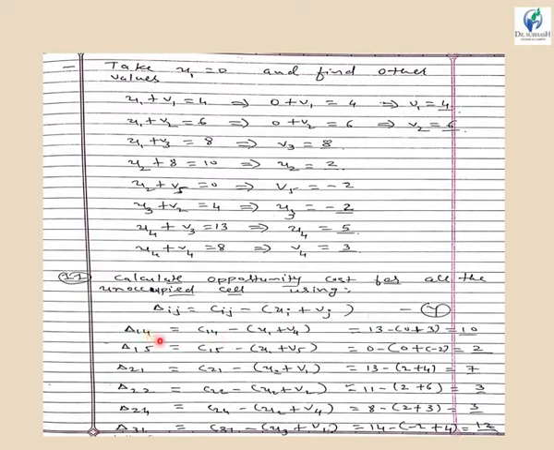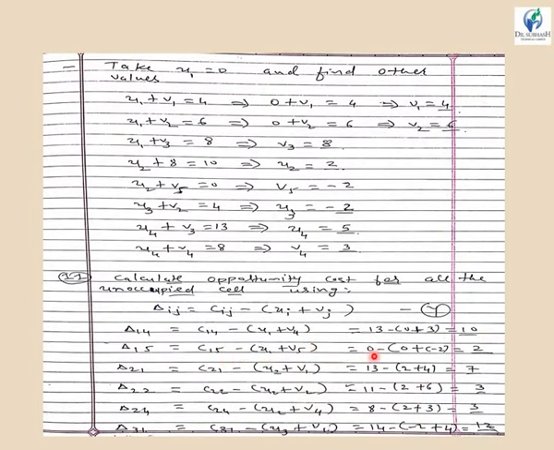So now calculating for this unoccupied cell, delta 14 is C14 minus, inside bracket, u1 plus v4. This C14 can be obtained from the unoccupied cell cost, that is 13, minus the values that you had found out of u1 and v4, which will be substituted over here. So that is equal to 10.